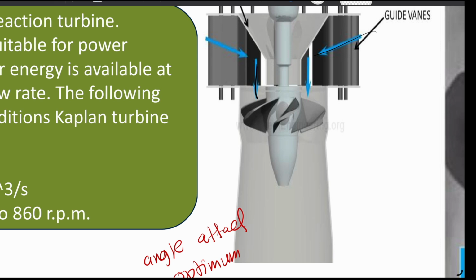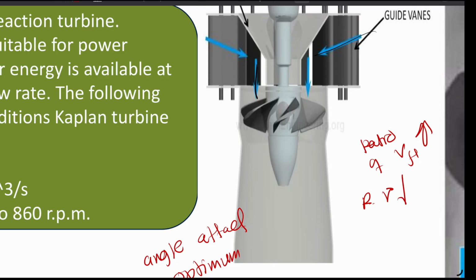So, if the ratio of flow velocity is very high, the relative velocity will be more axial.